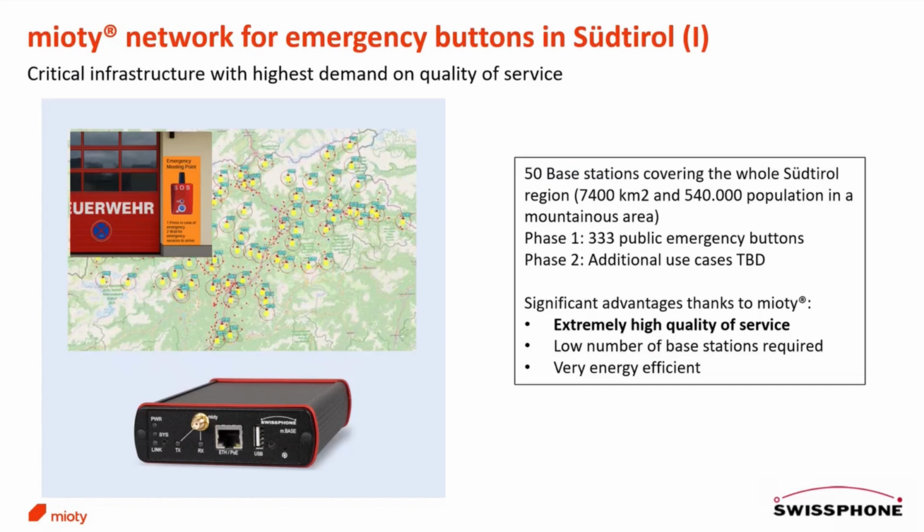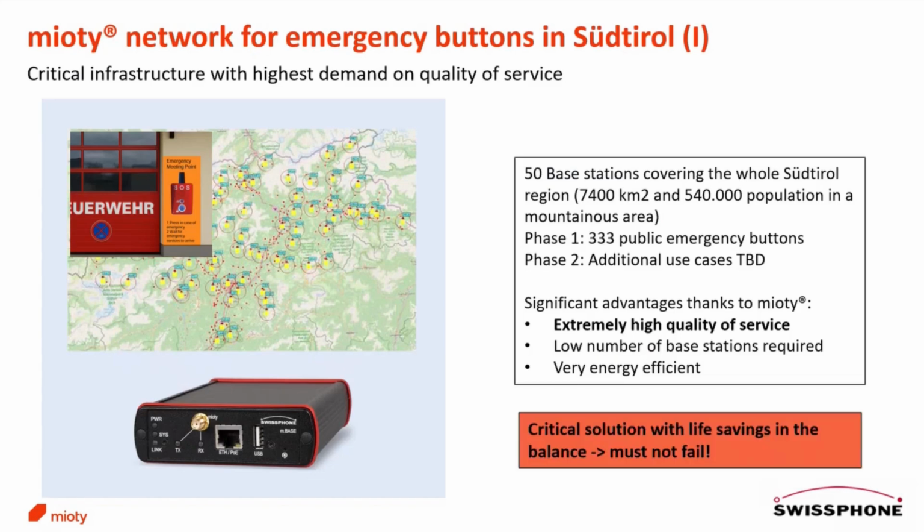Another case: one of the members of the alliance, Swissphone, this is what they're really pushing out to the market, the robustness. In critical infrastructure, you really need to be able to rely on the technology so that you get the messages through.